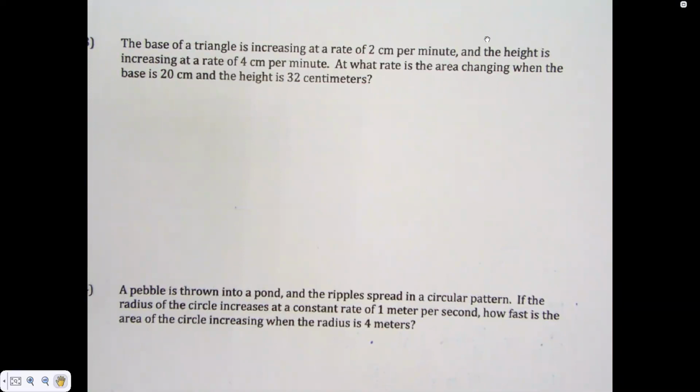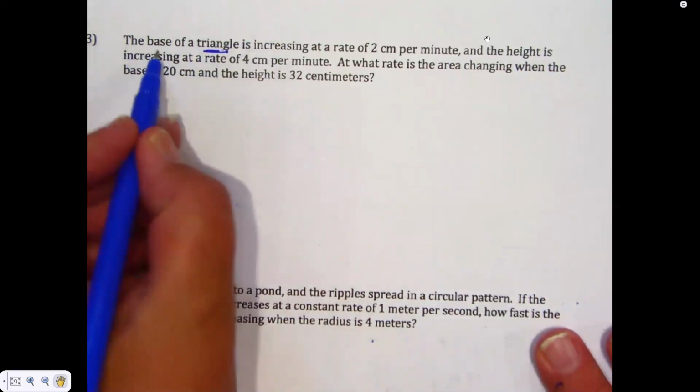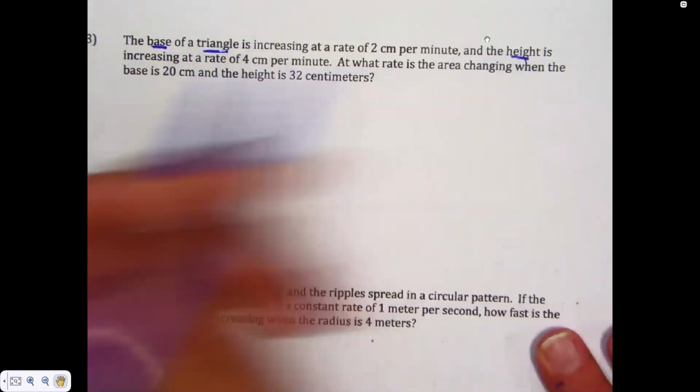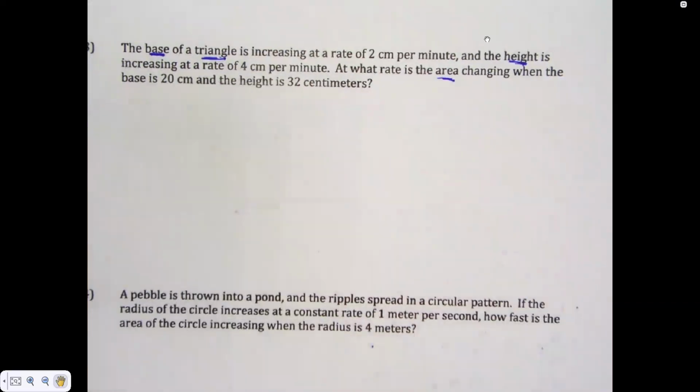So they're talking about a triangle. They're talking about a base. They're talking about a height. They're talking about an area. So we're talking about a triangle, a base, a height, and an area. And I know you've only read it one time, but any ideas, the formula that we would use for that?